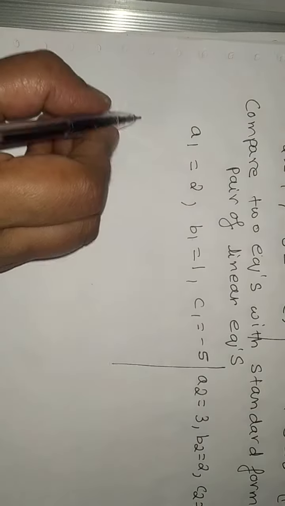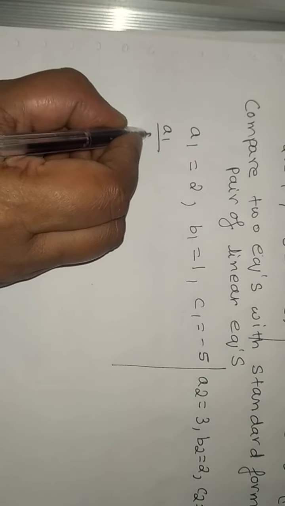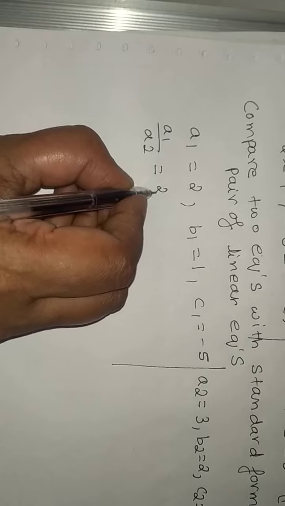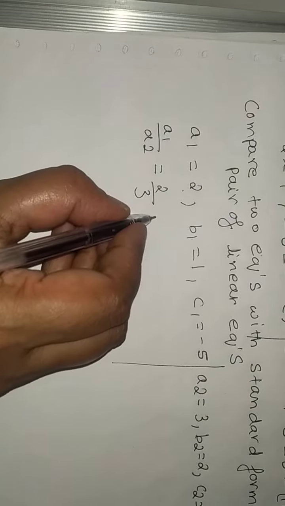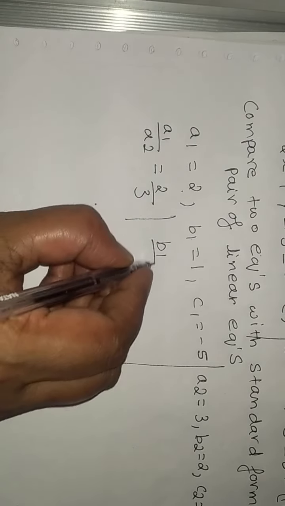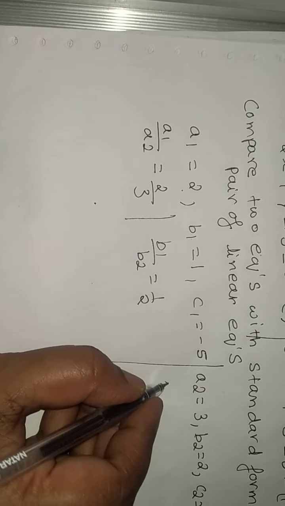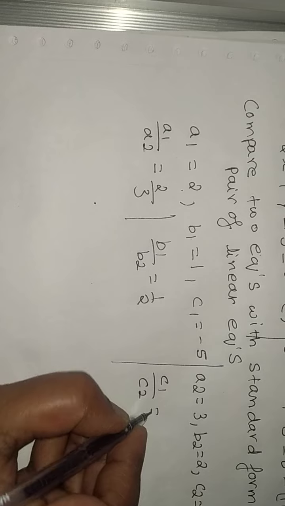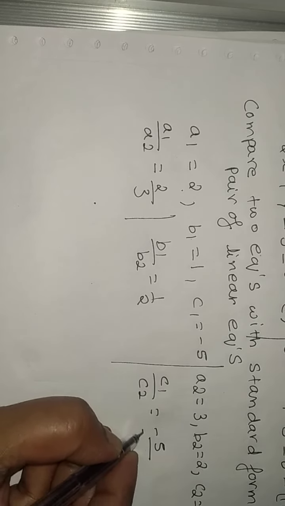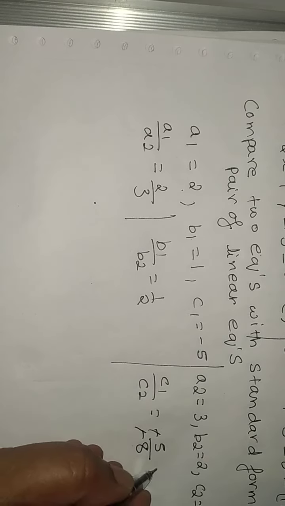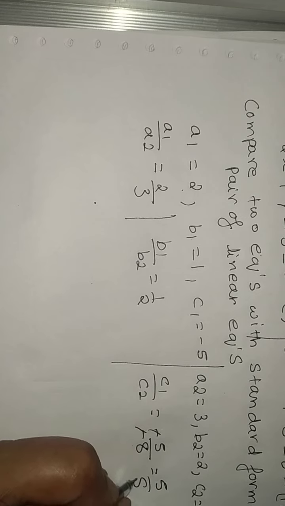Now we write a1 by a2 is 2 by 3. Next b1 by b2 is 1 by 2. Next c1 by c2 is minus 5 by minus 8; minus minus cancel, we get 5 by 8.